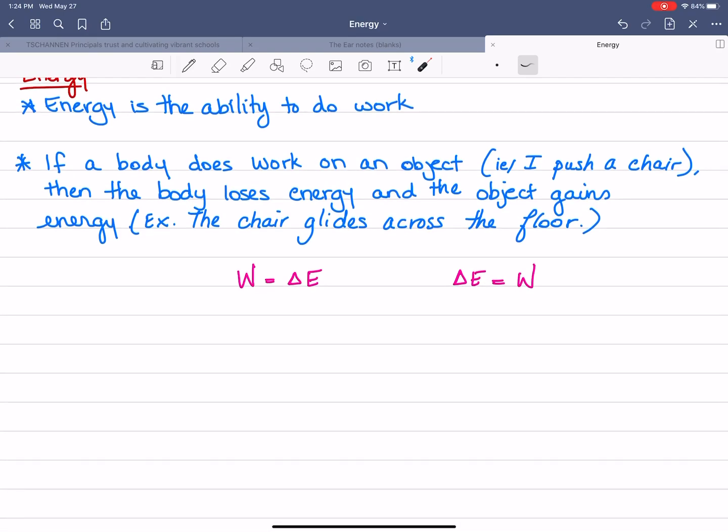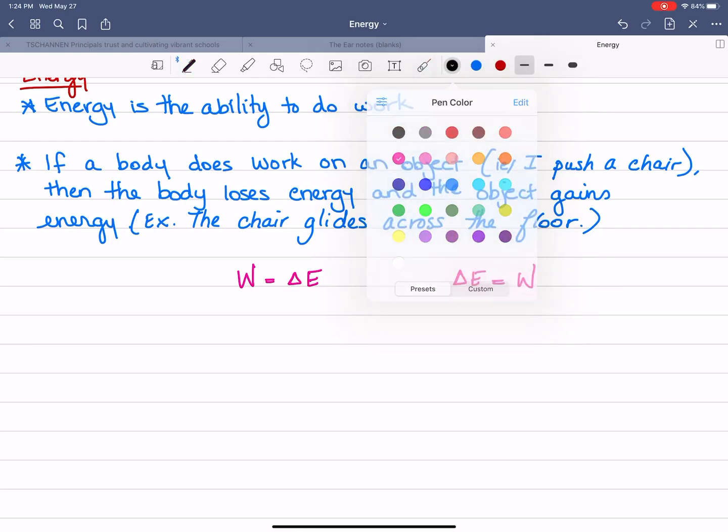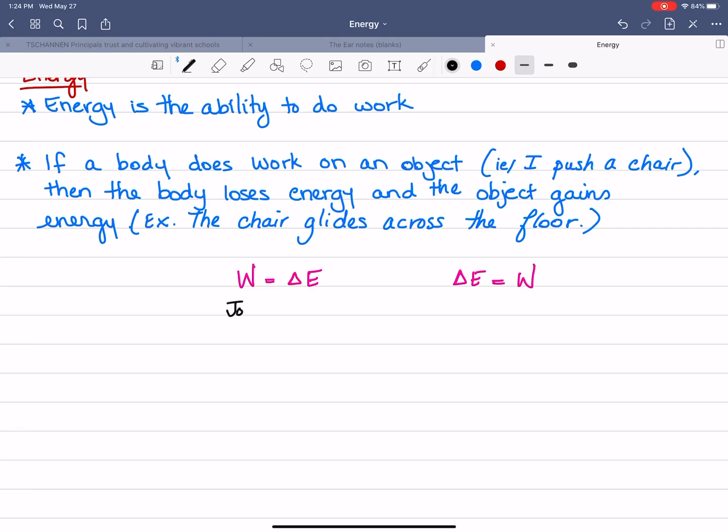Now, we can see that these are equivalent, they're equal to one another, because the measure for work is joules, and we also measure energy in joules. Those are exactly the same units, okay?